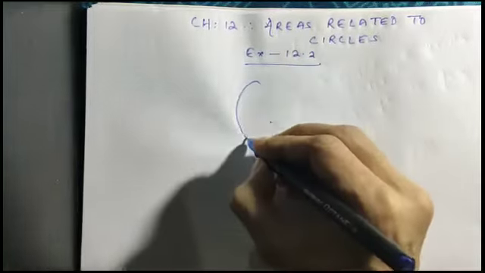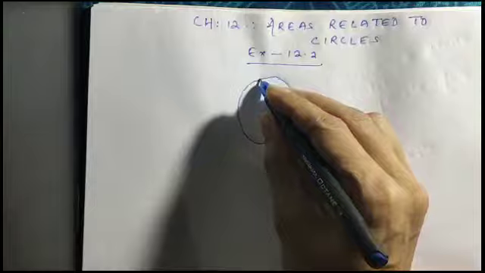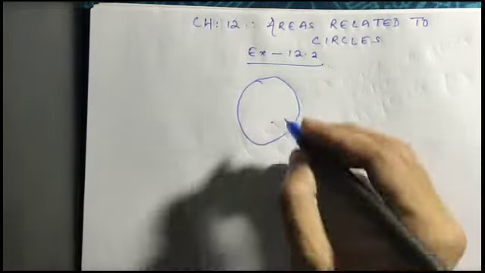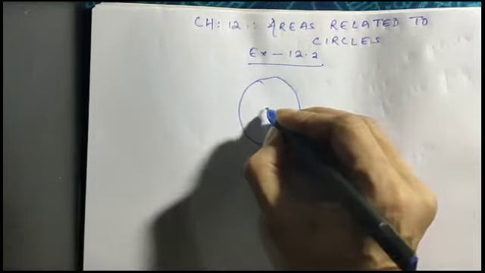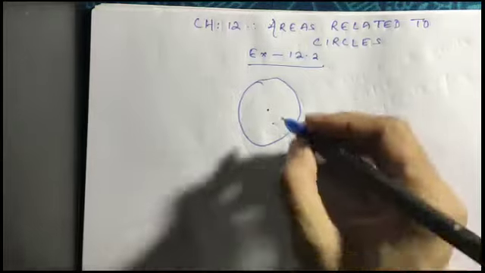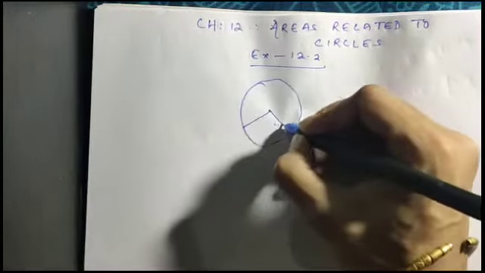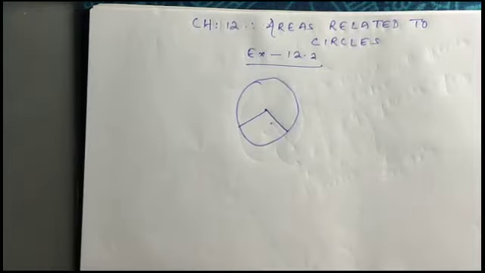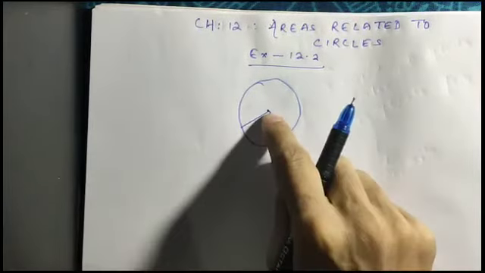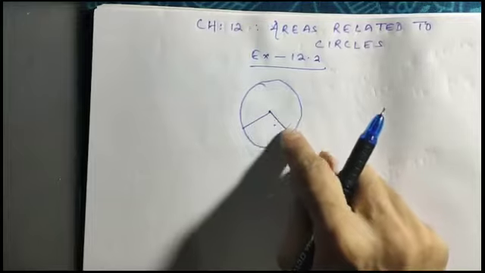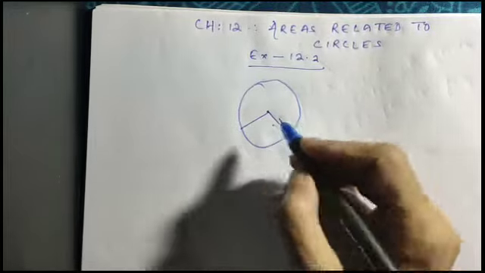Say this is a circle, and as you know, there is a center of the circle, and this is the radius of the circle. This is also a radius.